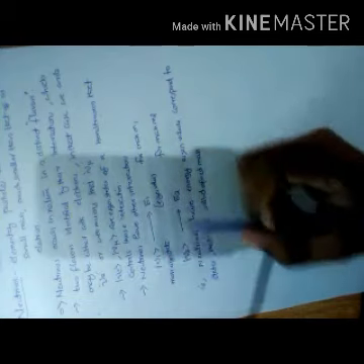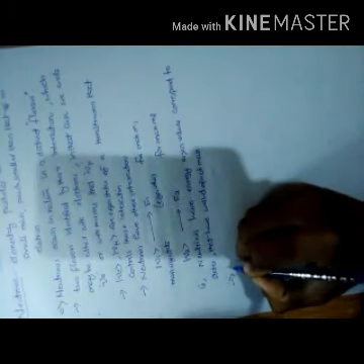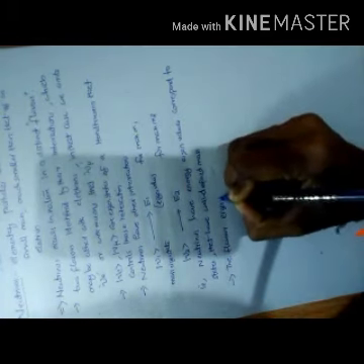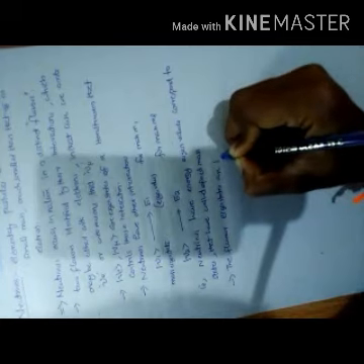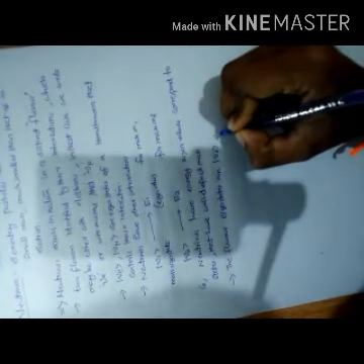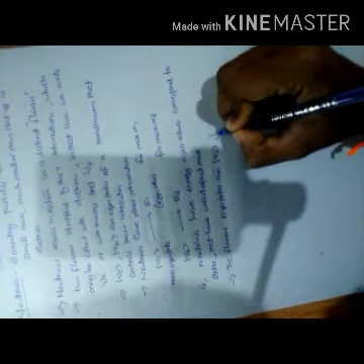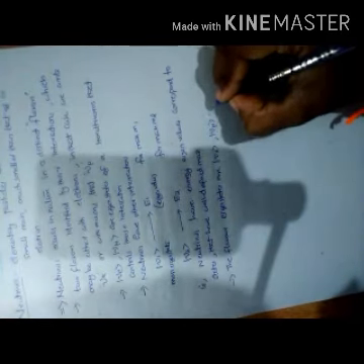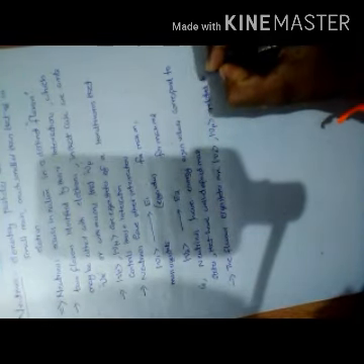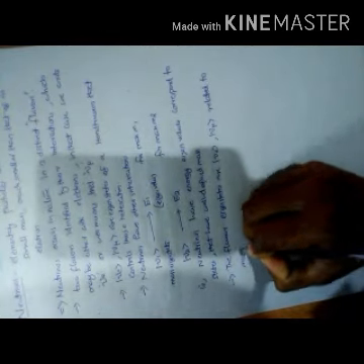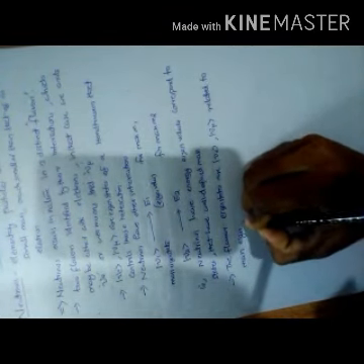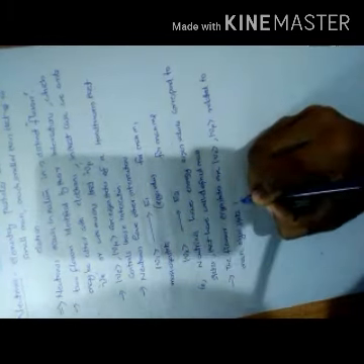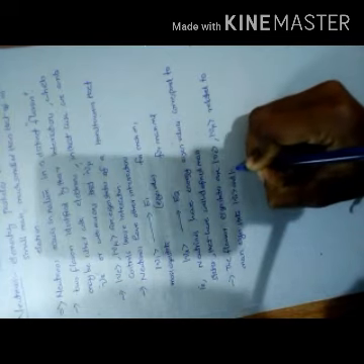So the flavor eigenstates are ket nu e and ket nu mu. These flavor eigenstates are related to the mass eigenstates. What are our mass eigenstates? These are ket nu 1 and ket nu 2.